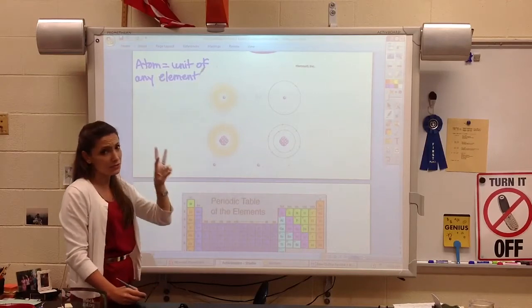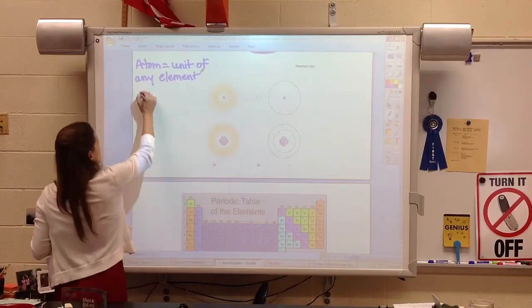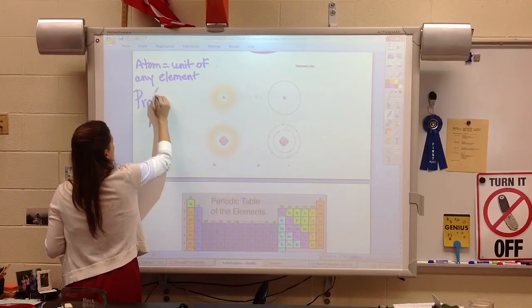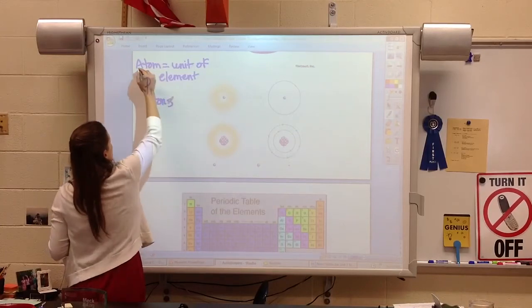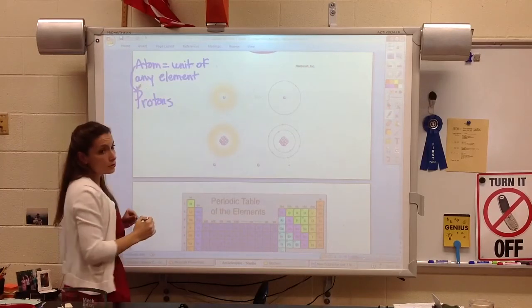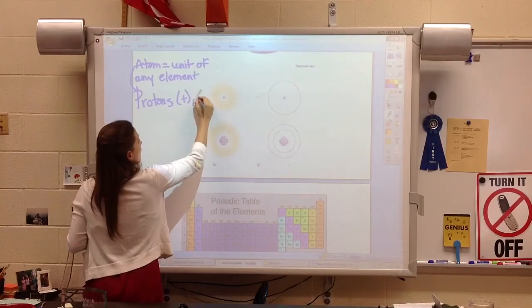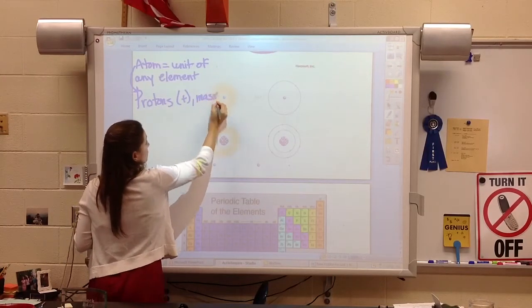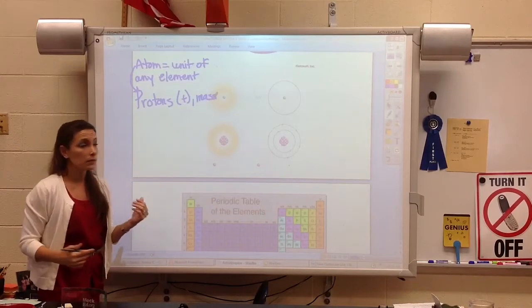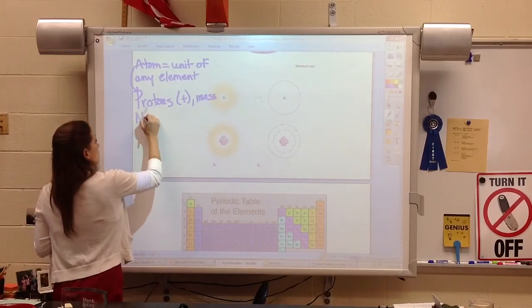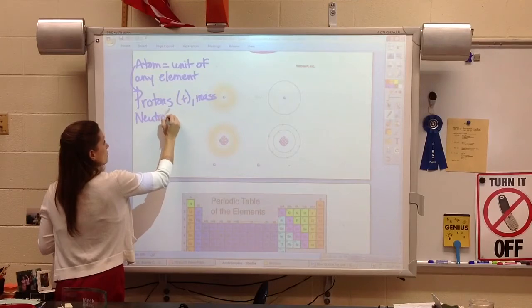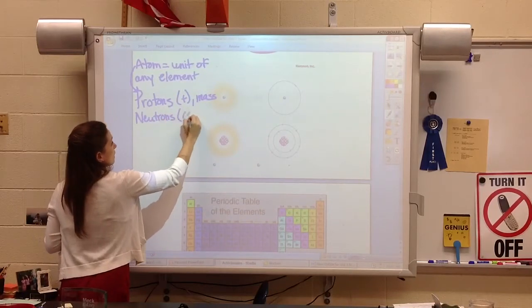An atom has 3 subatomic particles. It has protons. So inside of the atom are protons, and protons are positively charged, and they also have mass or weight to them. Then our second subatomic particle is neutrons, and neutrons have no charge.